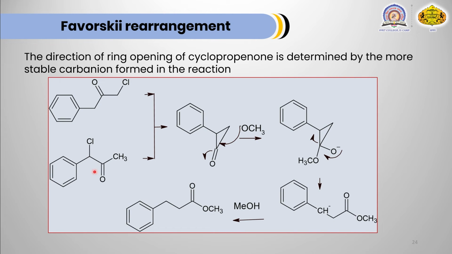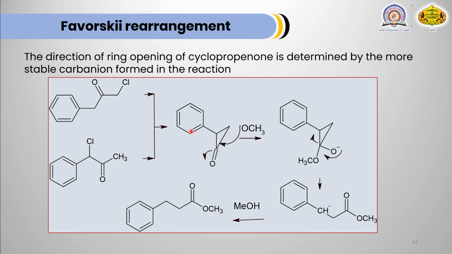In this example, two different molecules are there. This is 1-chloro-3-phenyl-2-propanone and this is 3-chloro-3-phenyl-2-propanone. Both are different molecules, but the same intermediate is obtained in this case.